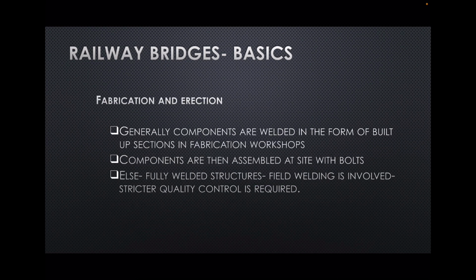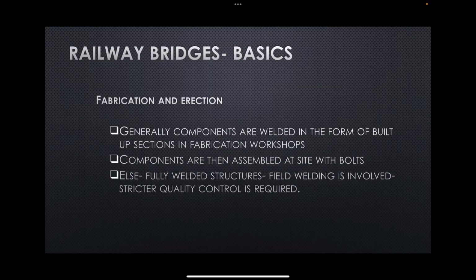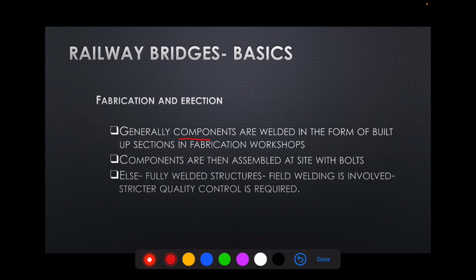Now let's discuss fabrication and erection of these steel girders. Generally, the components of the steel girders are welded in the form of built-up sections in fabrication workshops, and then the components are assembled at site with the help of bolts.